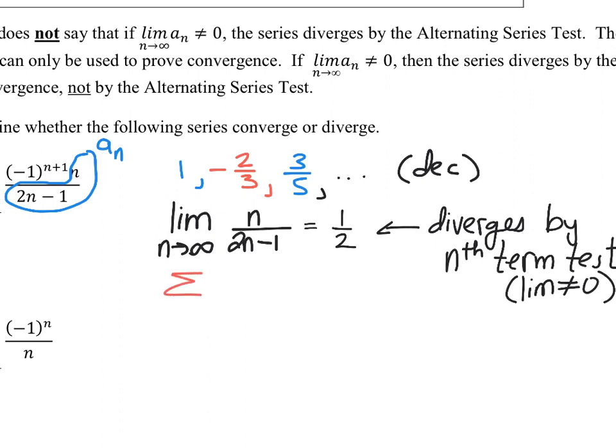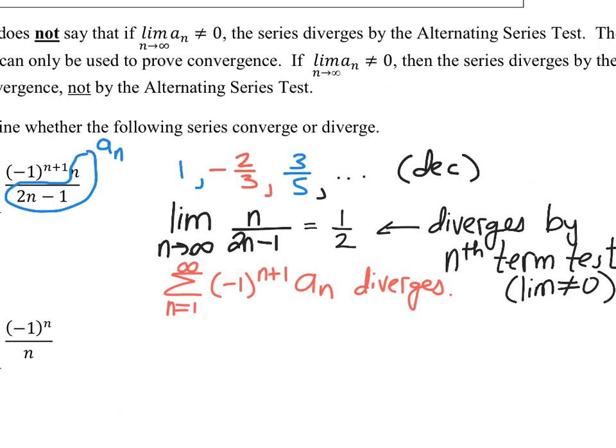what I can then say is that the series going from n equals 1 to infinity of -1 to the n plus 1 times a sub n diverges. Now, it would also be by the same reason. It's the nth term test, so I don't need to write it again.